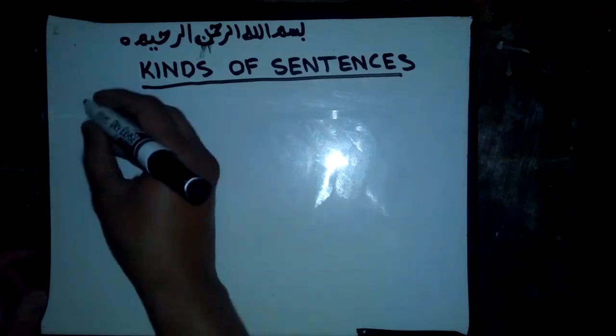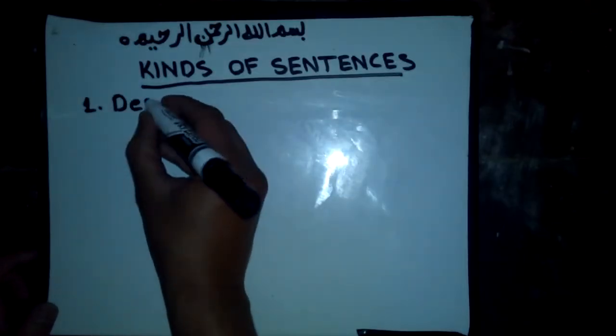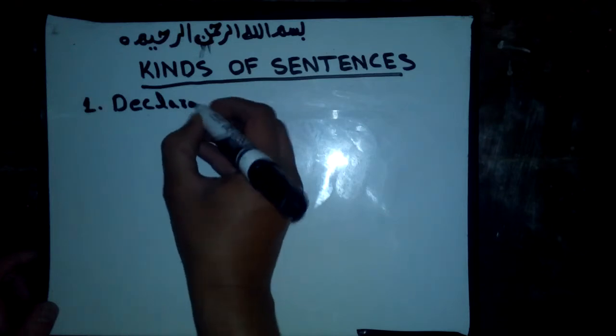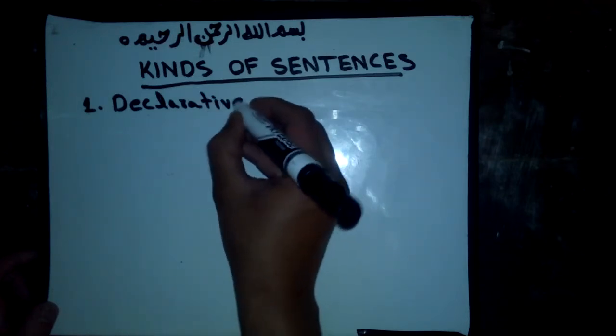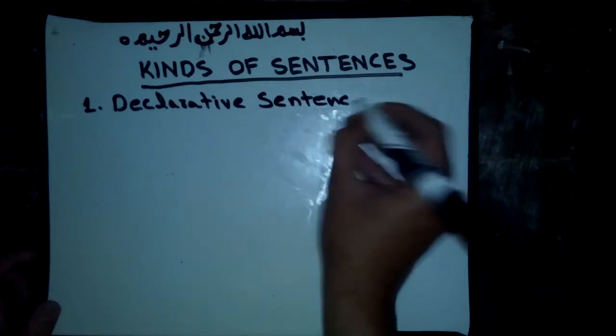Kinds of sentences. I have told you there are four kinds of sentences. I will discuss one by one. Number one, declarative sentences.